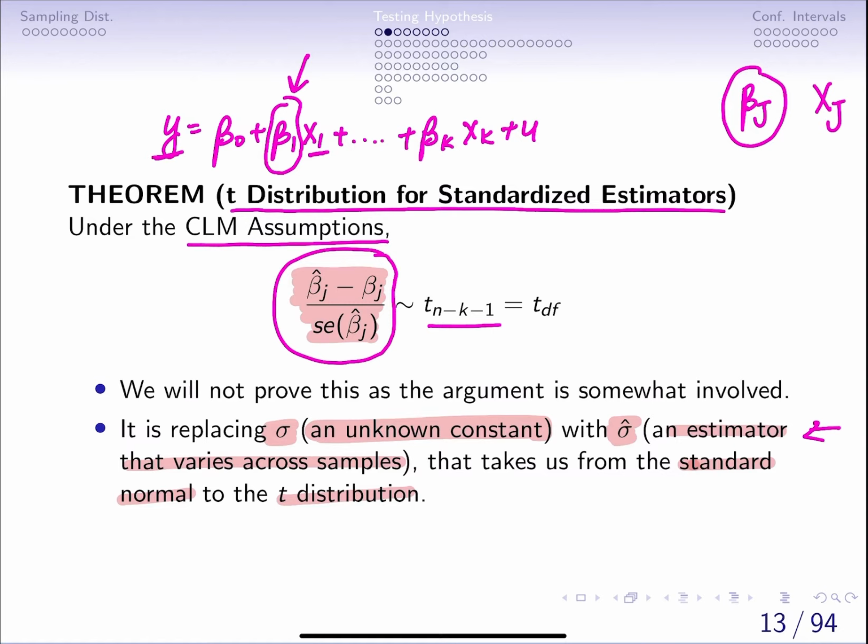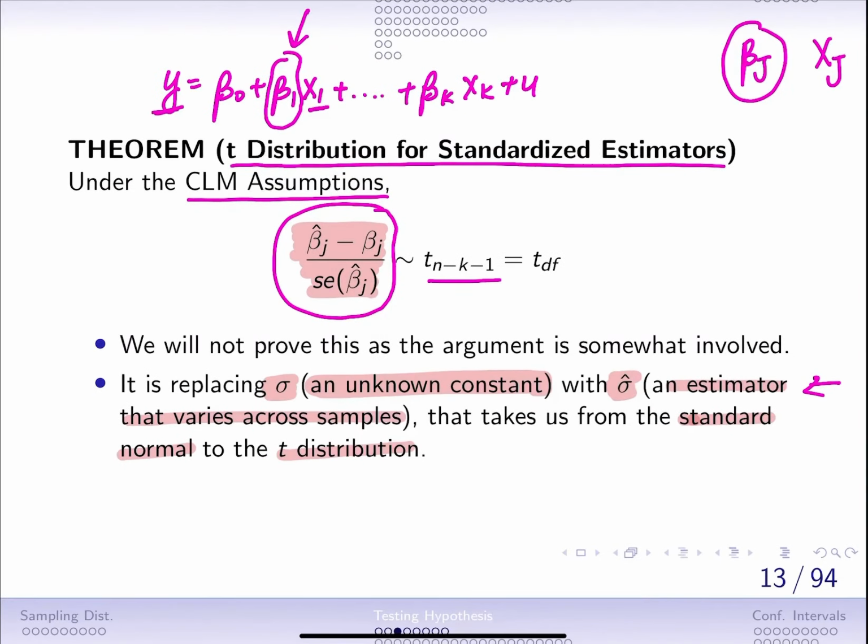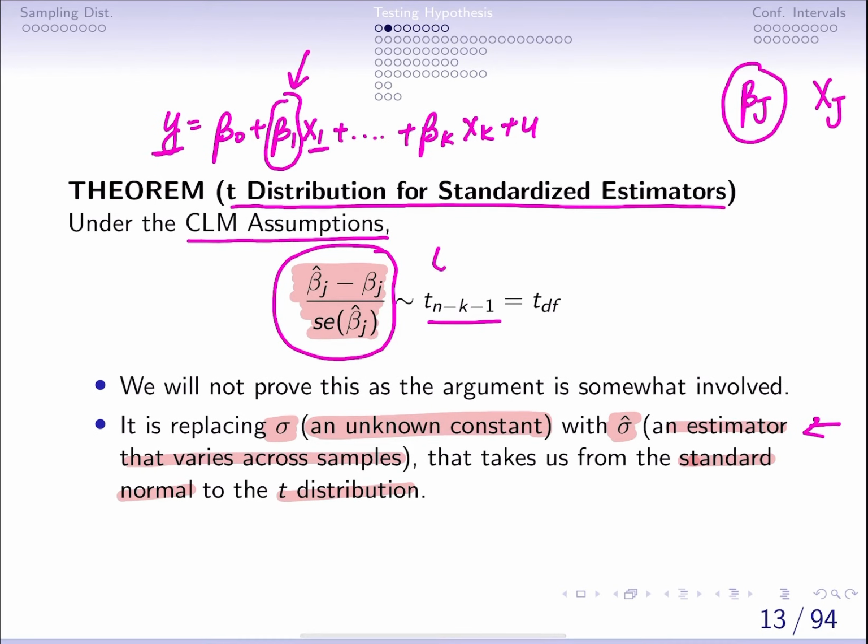So you can write this as t with degrees of freedom, or in other words, degrees of freedom equals n minus k minus 1. This is just coming from the fact that we are estimating k plus 1 parameters, so k slope coefficients and 1 intercept.